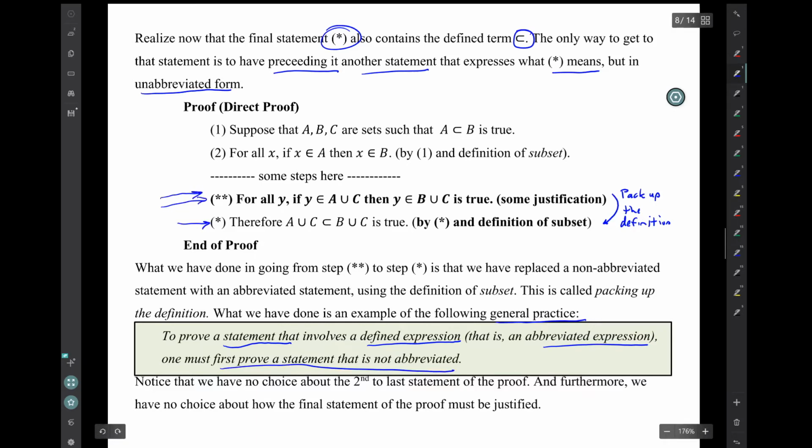And then you get to the last statement by using the definition of subset. That is, you pack up the definition of subset. So we have no choice about what has to go here in the second to the last statement of the proof.